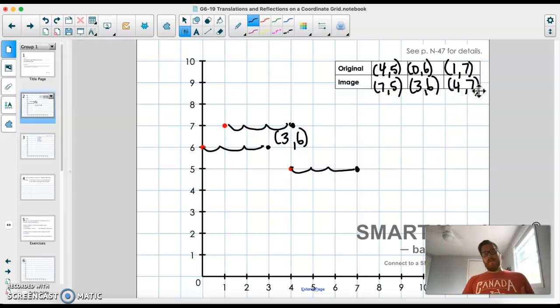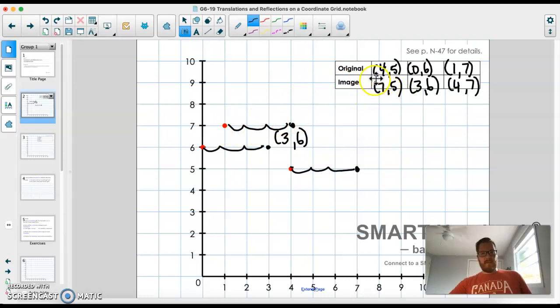Now, what I want us to notice here is that as we move along the x-axis, or as we translate to the right, notice that the first number increases by the number that we translated. That's because we're moving to the right. If these dots had been moved to the left, then my x value would have decreased.